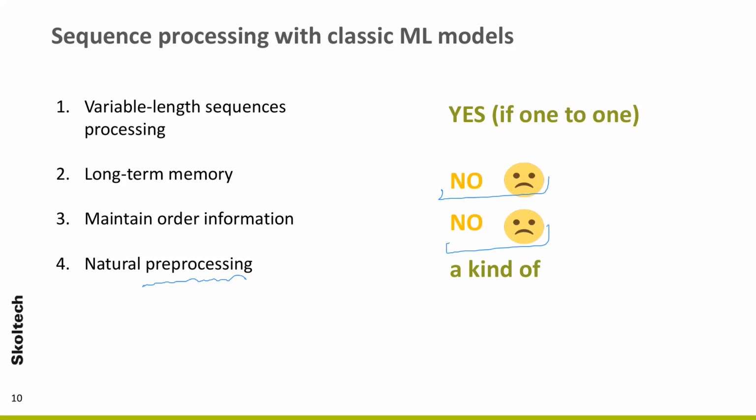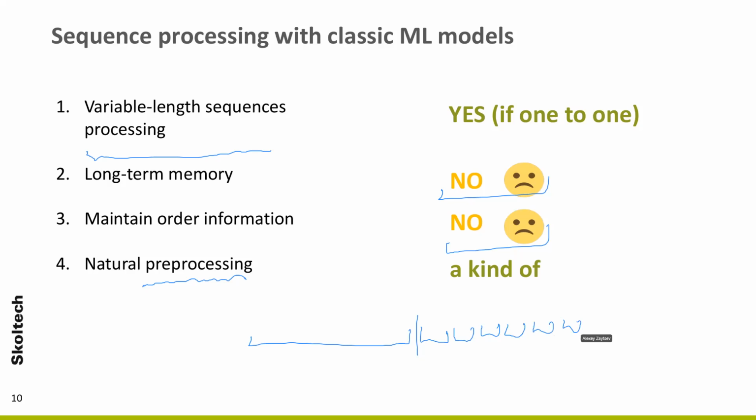Also, about the first point, when we use these bag of words features, we do process variable length sequences, and we say yes, but sometimes it's not what we actually need, because you can imagine that you don't want to have one word predicted, but many words predicted.